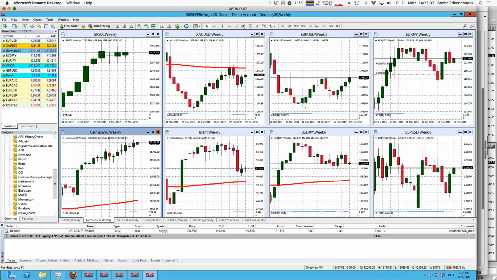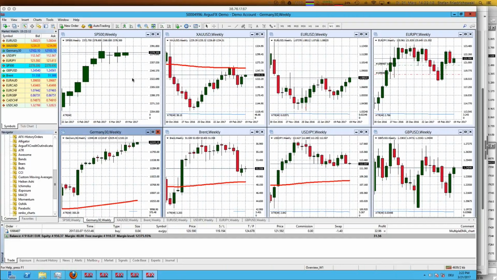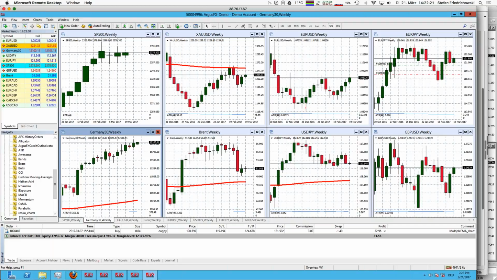And just to have a short view here, it would be a long trade in S&P 500, a long trade in DAX, a short trade for gold, a long trade for Brent. Euro, US dollar, I think it's up to the north, yes. So it would be a short trade in Euro, US dollar, a long trade in US dollar, Japanese yen.